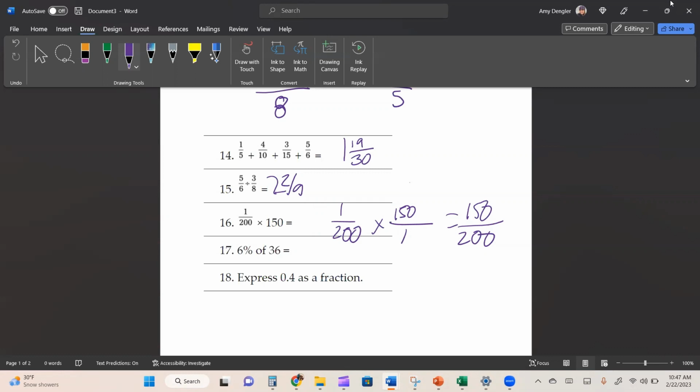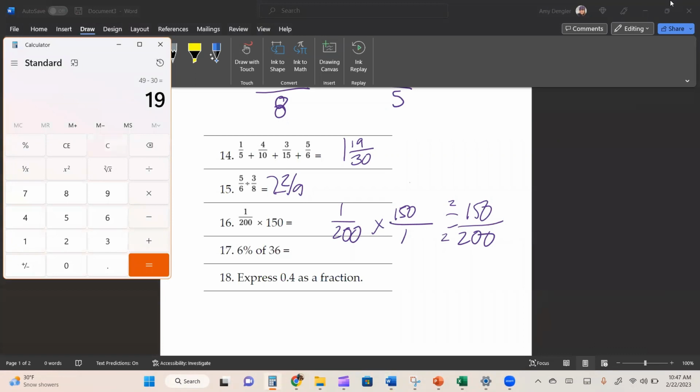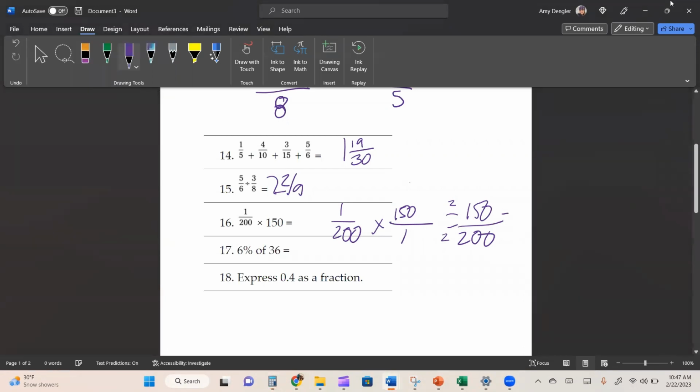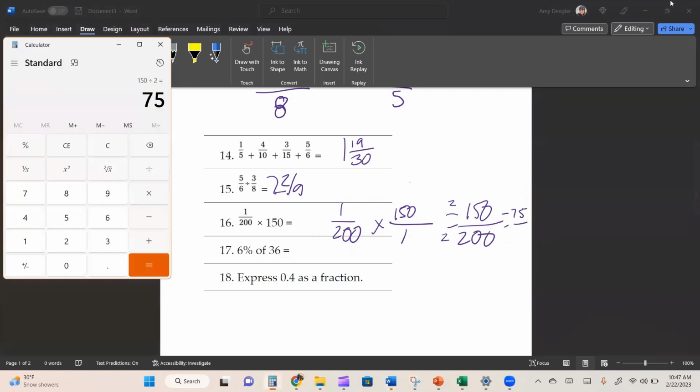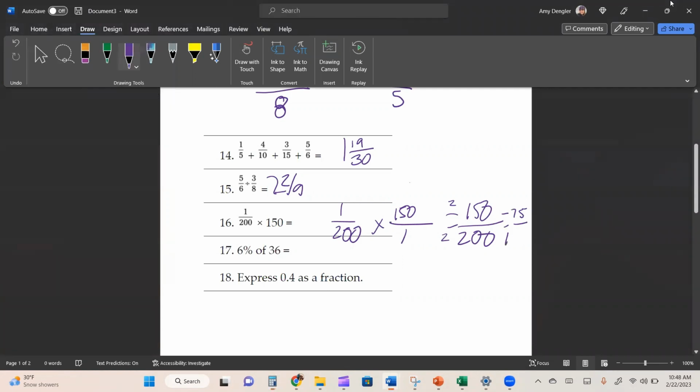Let's try 2. So 150 divided by 2 is 75, and 200 divided by 2 is 100.